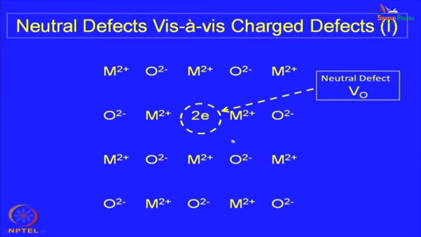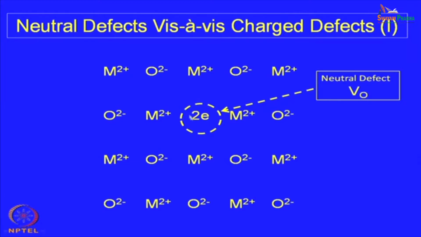What is the concept? Here we are talking about an oxygen vacancy. Once again, this is the lattice, and here an oxygen was supposed to be there, and the oxygen has been removed. So, it has created the oxygen vacancy, but the question is whether it is a neutral oxygen vacancy or a charged oxygen vacancy, and what is the difference so far as the charge distribution is concerned.